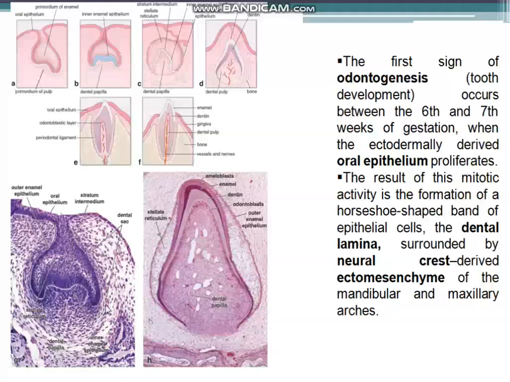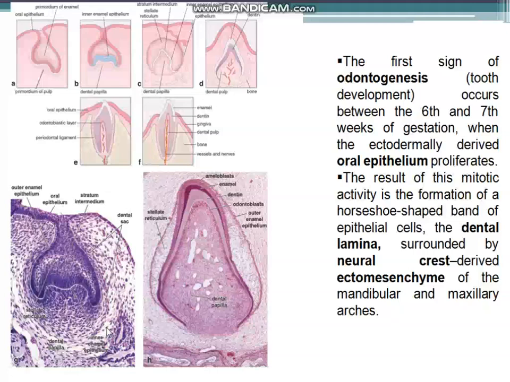So the dental sac cells, the innermost cells, will develop into cementum. The remaining cells will form the periodontal ligament. And the elongation of the root is a consequence of the lengthening of the Hertwig epithelial root sheath.